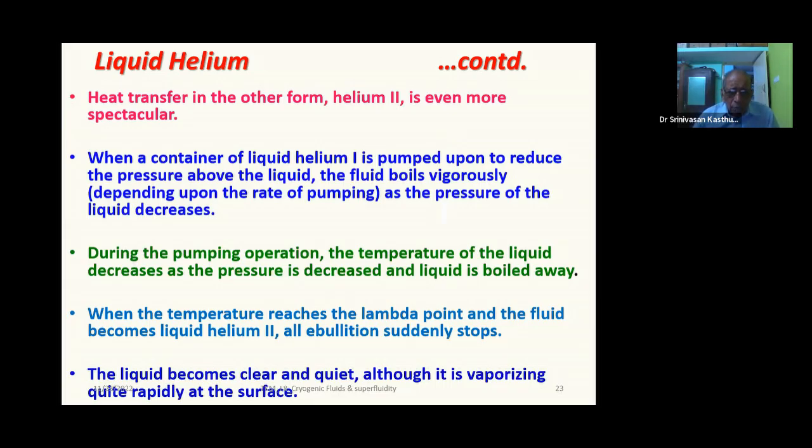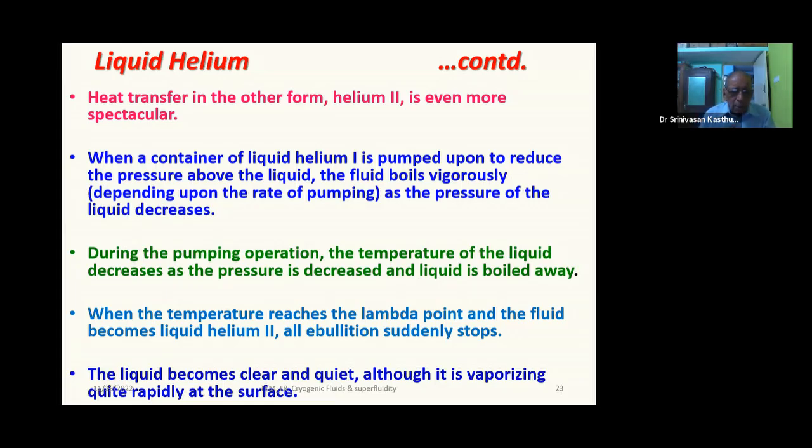Heat transfer in helium-2 is spectacular when a container of helium-1 is pumped upon to reduce the pressure over the liquid. The liquid initially boils very vigorously, depending on the rate of pumping. As the pressure on the liquid surface decreases, the temperature of the liquid decreases, and the liquid gets boiled away.